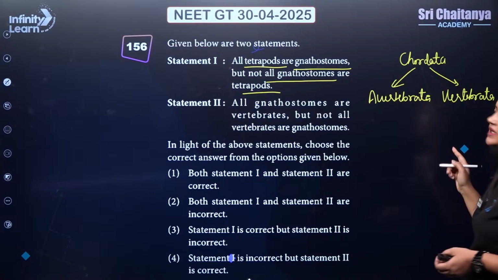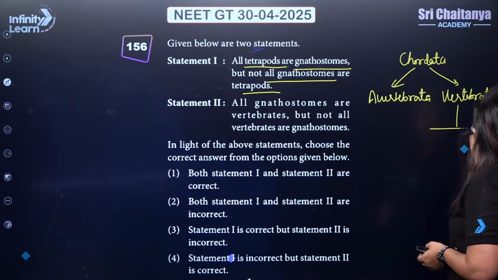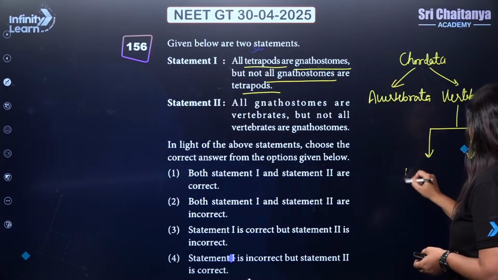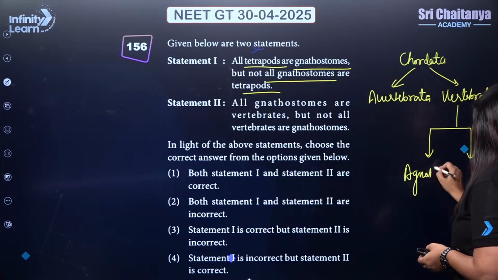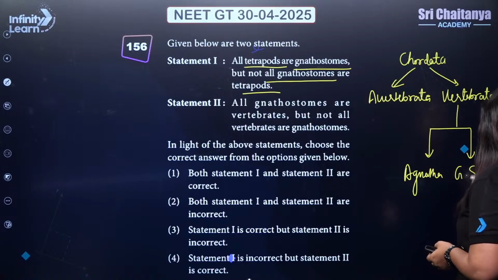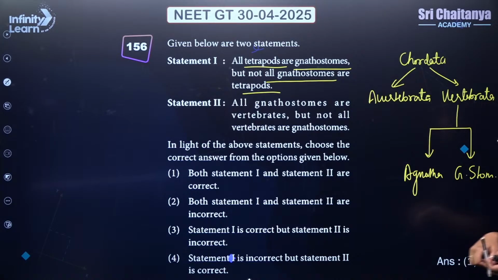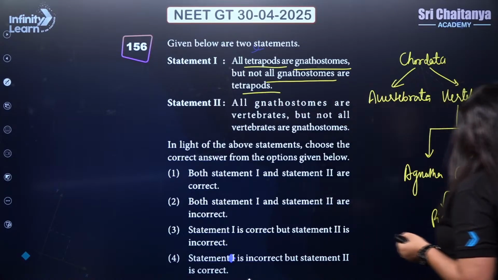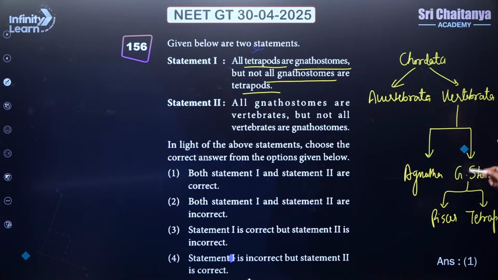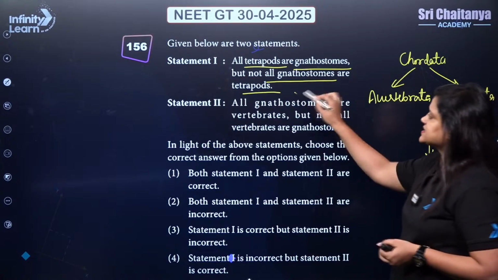Now this vertebrata is further classified as agnatha and gnathostomata, right? Now the gnathostomata are further classified as Pisces and tetrapoda, right? So if we read the statement that all tetrapoda are gnathostomata, but all gnathostomata will not be tetrapoda, okay, so that is correct.